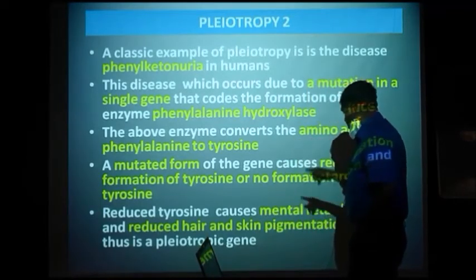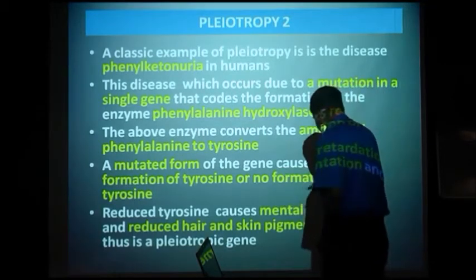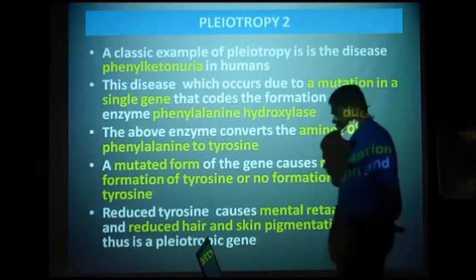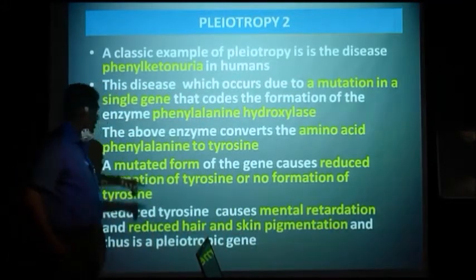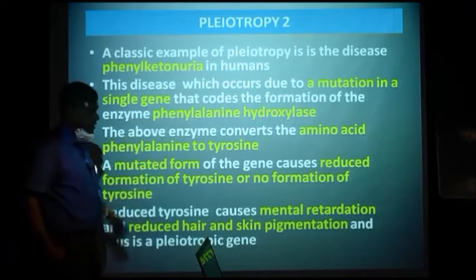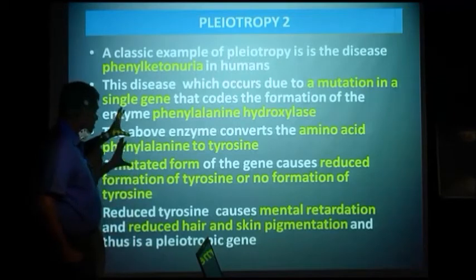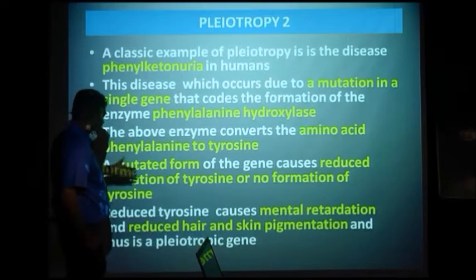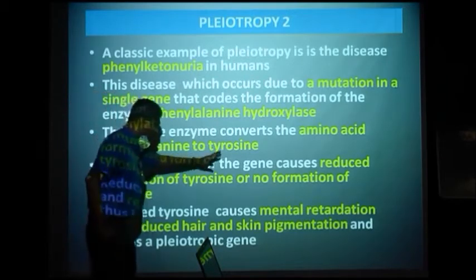Now, reduced tyrosine causes mental retardation, reduced hair and skin pigmentation, and thus it is a pleiotropic gene. What is the pleiotropic gene here? The gene responsible for phenylalanine hydroxylase. What is phenylalanine hydroxylase? It is an enzyme which is responsible for the conversion of phenylalanine to tyrosine. Now, normally tyrosine is needed for the body.